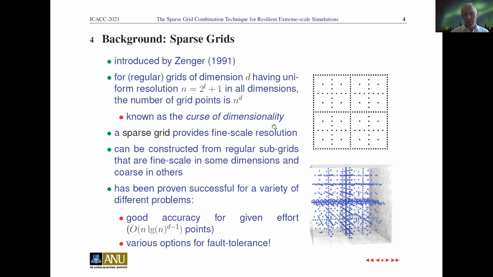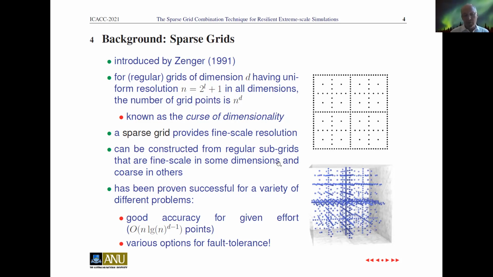So the idea of sparse grids: here we have high resolution points everywhere, but here we only have half as many points. Here we only have a quarter as many points, and there we only have an eighth as many points. So we have some fine scale resolution, but the majority of the space is quite coarse scale.